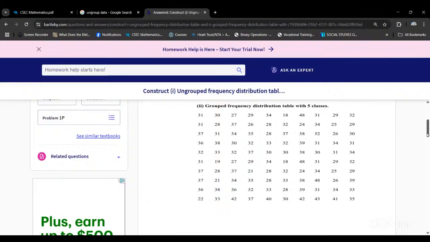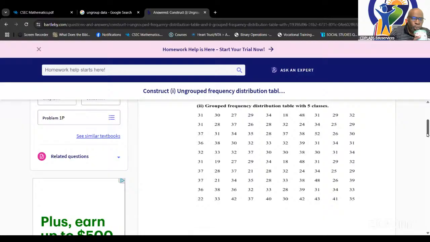So I'm doing the ungrouped first. Yeah, the ungrouped first. When you finish, let me know, all right?